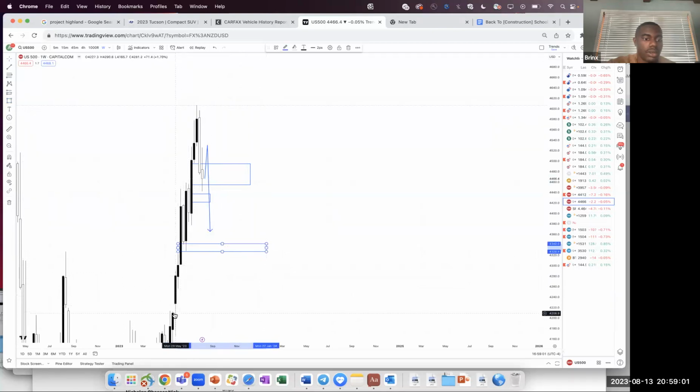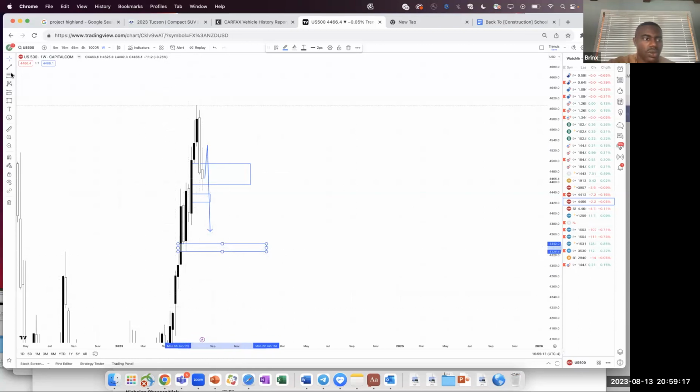There's another one down here. It's the same fair value gap that you see on the weekly time frame on the Nasdaq, right? So looking for price potentially to come back into this imbalance that was traded through.